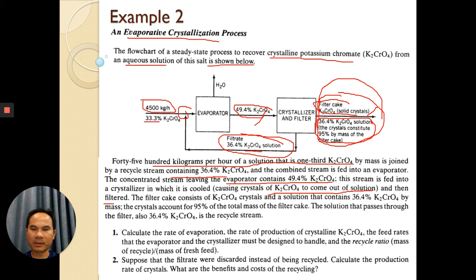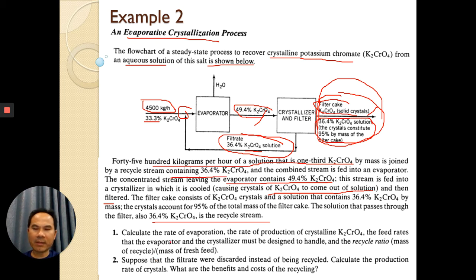And the solution that passes through the filter is the recycle stream. That means the composition of potassium chromate in the solution recycled to the feed and in the filter cake is the same, 36.4%.